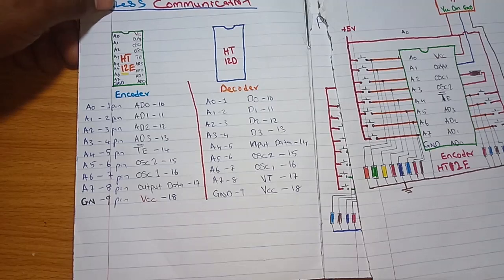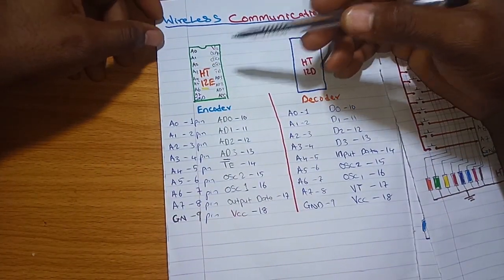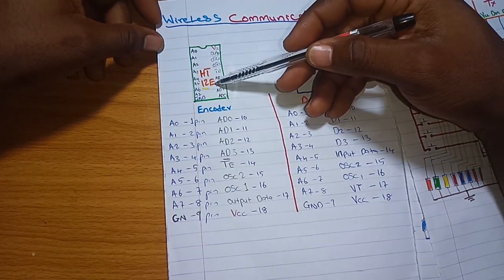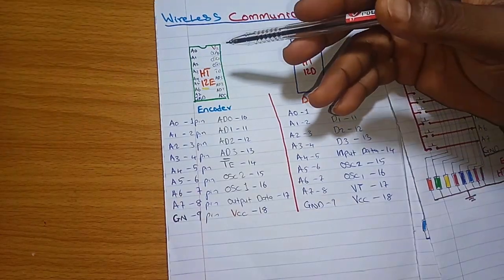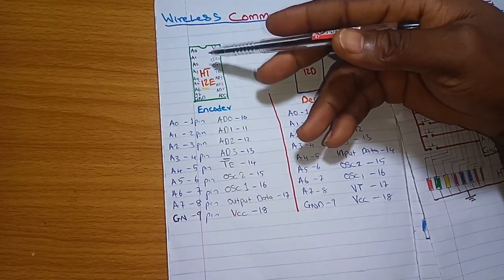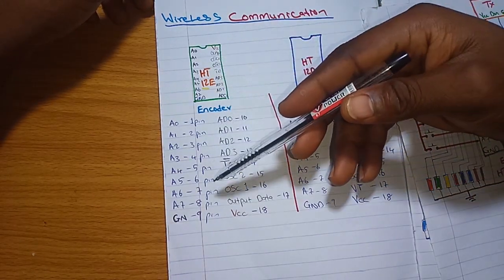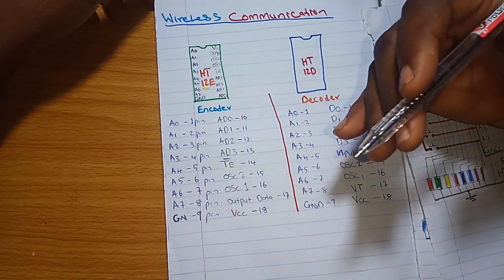So first of all, let's talk about the HT12E and HT12D. This E here means encoder, while this D means decoder. This is a typical symbol of the IC. I also laid out the pinouts of this IC, and I'm going to explain what the IC does.